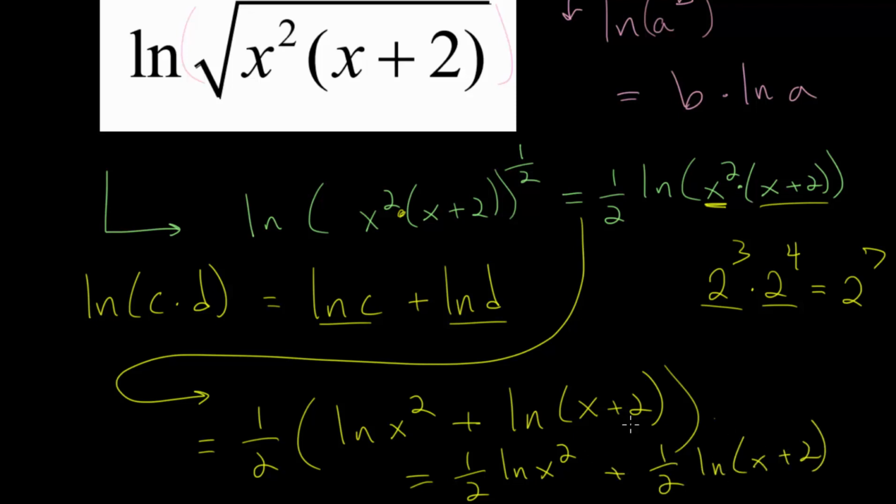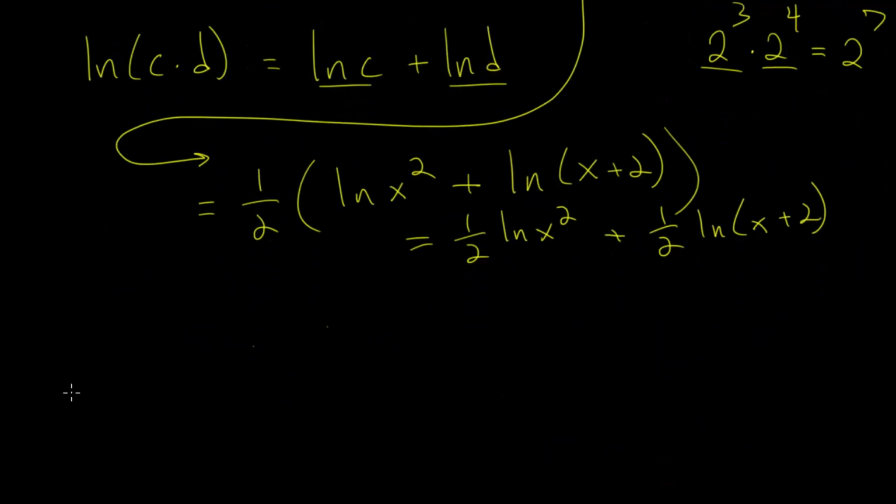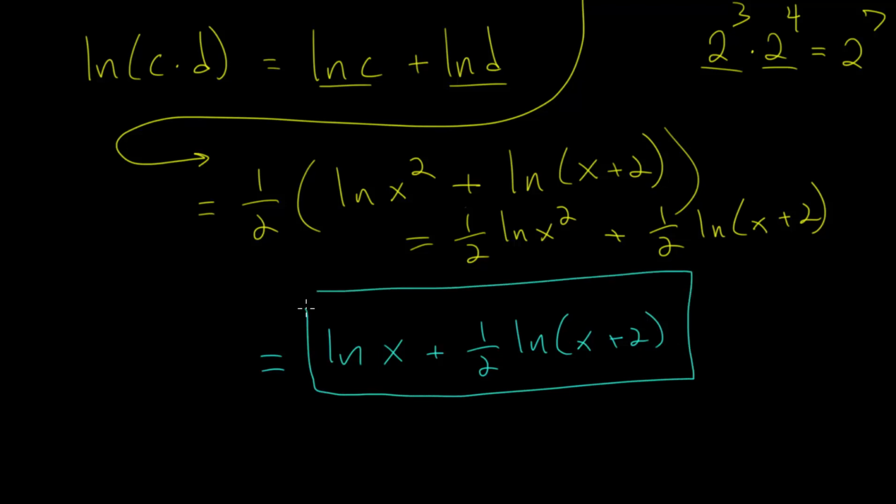And lastly, we can again use this exponent property. We have our input raised to the 2nd power, so we can bring that 2 out in front and use multiplication there. I'll make just a bit more room. We would bring the 2 in front. We have 2 over 2, which is 1. So this is just the natural log of x plus 1/2 the natural log of x plus 2. And this right here will be our fully simplified and expanded logarithm.